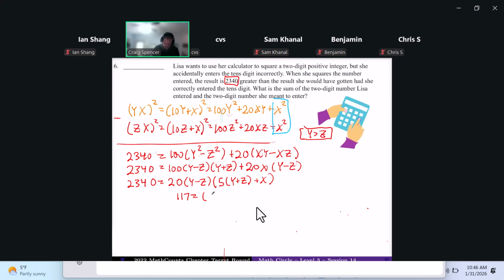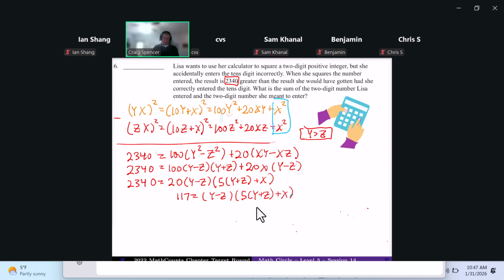If you don't have a calculator, you could kill off the zeros and then divide 234 by 2. So this would be the same thing as (y minus z) times (5y plus z plus x).